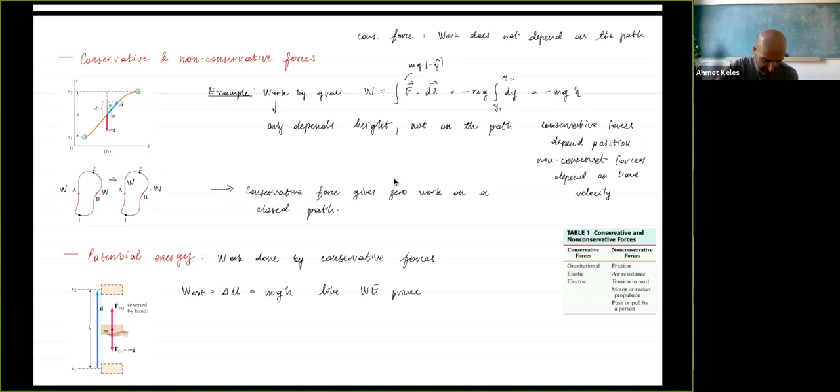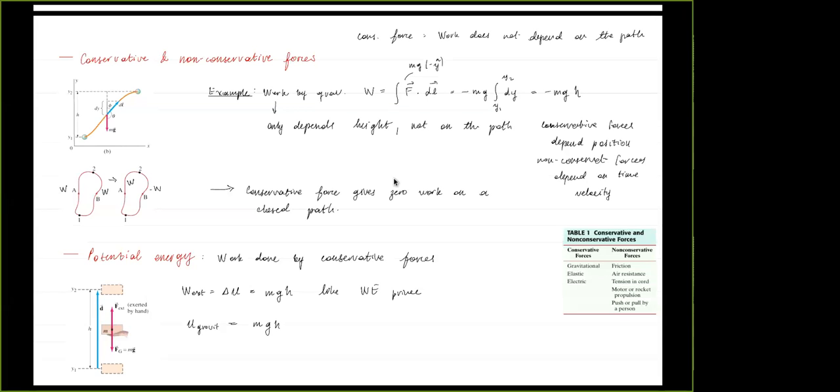If you release the block at this point, if you take your hand out, it is not going to stay there because there's a potential. That's why we call it potential. It's going to fall back and gain kinetic energy. So from here, we define the gravitational potential, U gravitation, equal to mgh. Any questions?